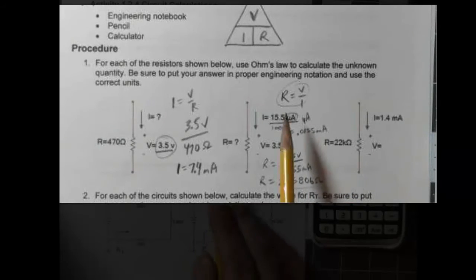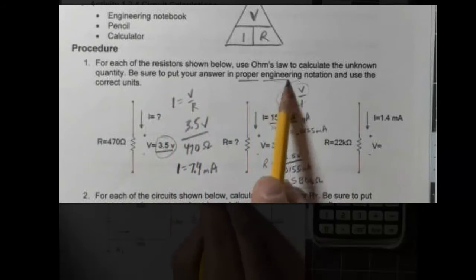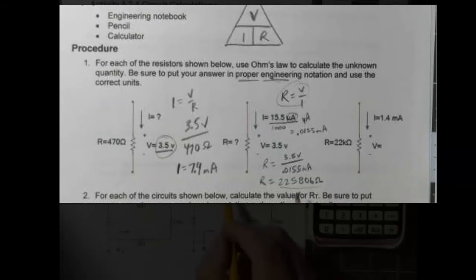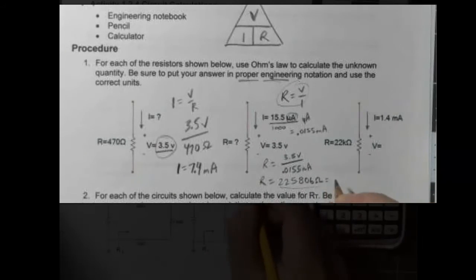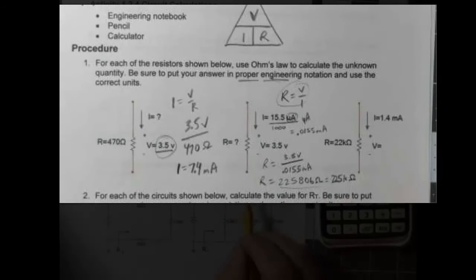We have to put our answers in proper engineering notation. This is in ohms, and that's a lot of numbers, so we need to divide this by 1000. And we get 225 k ohms, kilo ohms. There's 1000 ohms in 1 kilo ohm, so that's why we divided by 1000 for this example. So our answer is 225 kilo ohms.